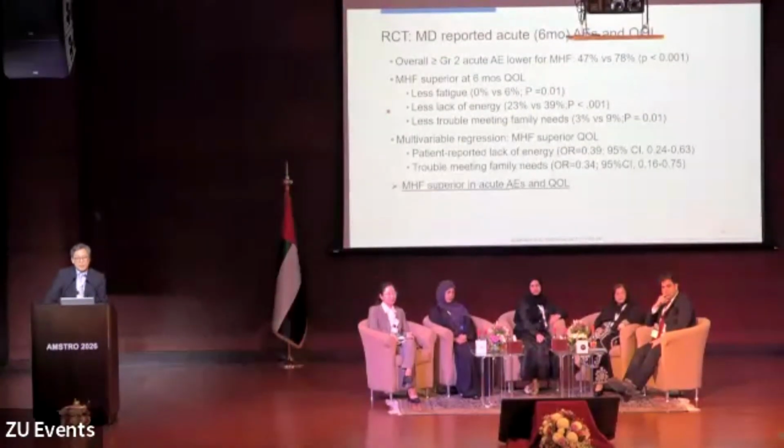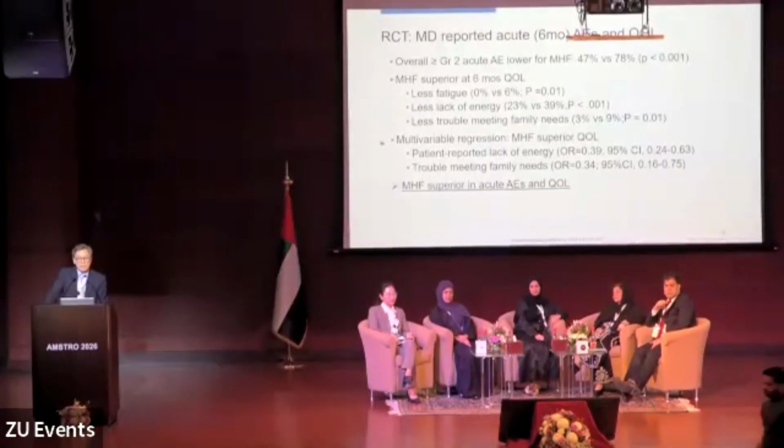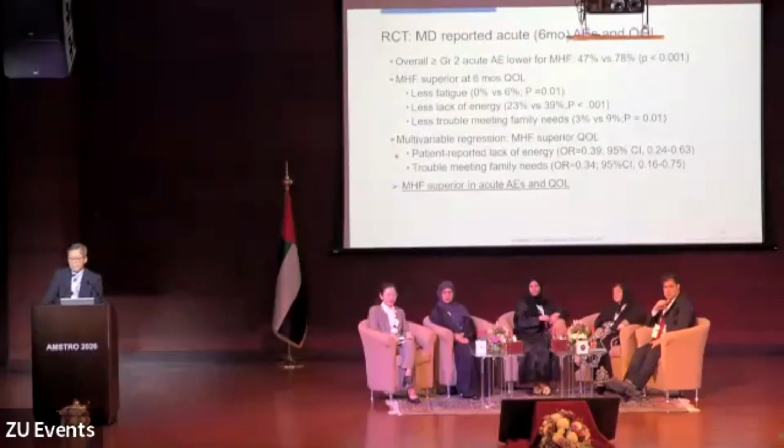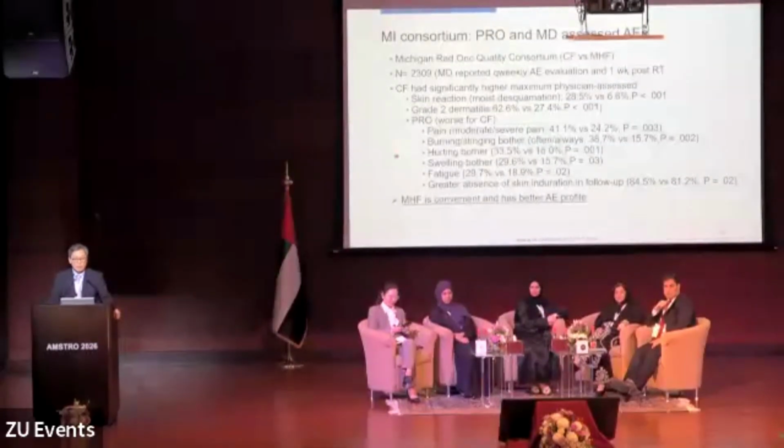At 6 months, the moderately hypofractionated arm was also superior for fatigue, less lack of energy, and less trouble meeting family needs. And the multivariable analysis still held, with lack of energy and trouble meeting patients' needs superior for the moderately hypofractionated arm.